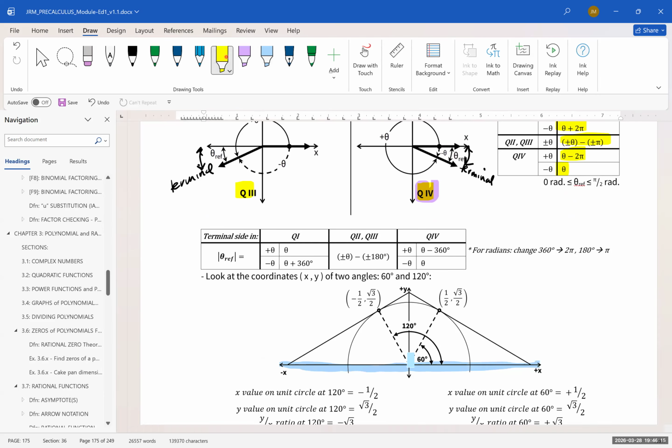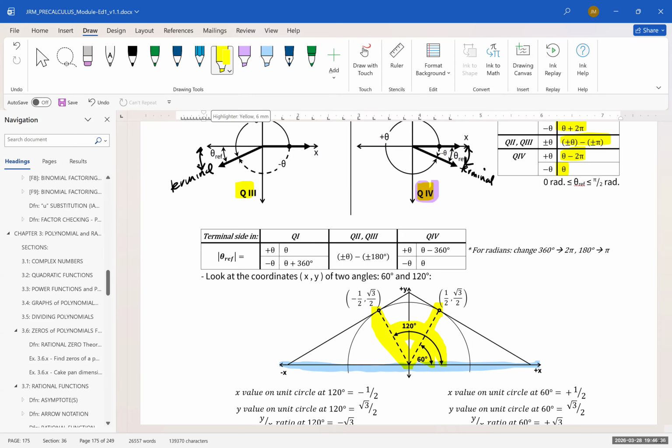And I've got two angles. One is 60 degrees, and I put the terminal side there in yellow, and another angle, which is 120 degrees. So you can see it illustrated here.